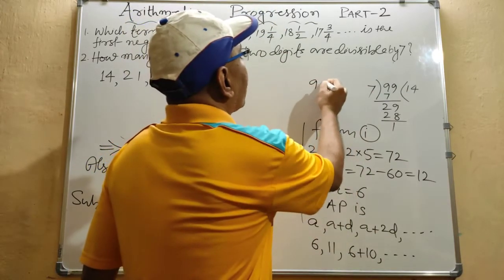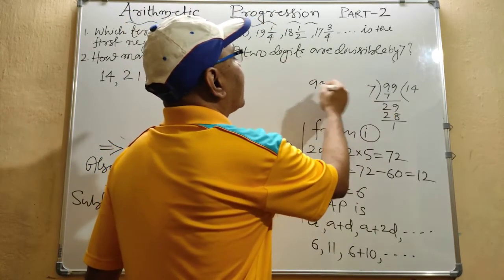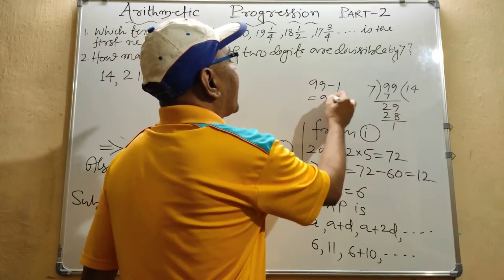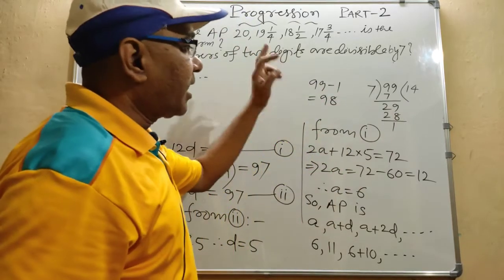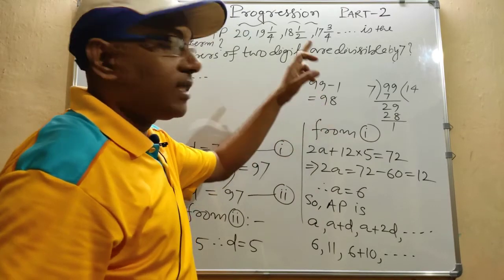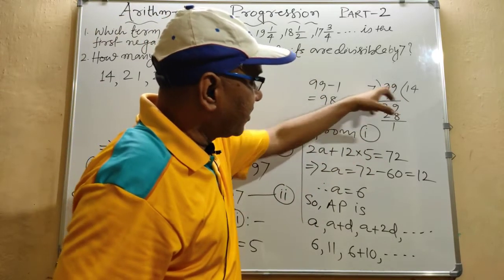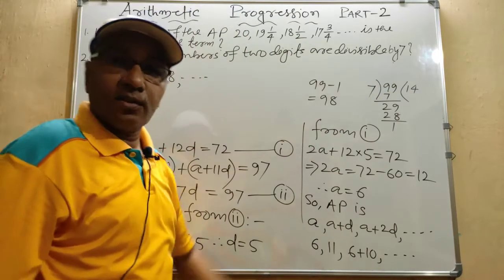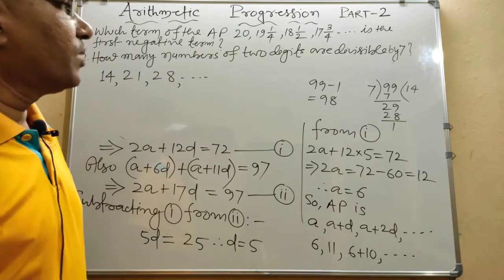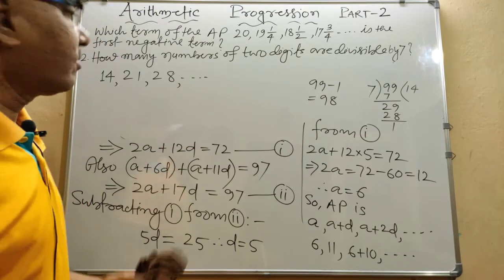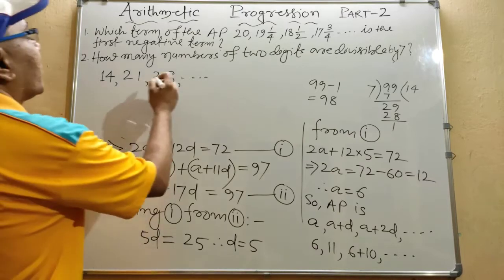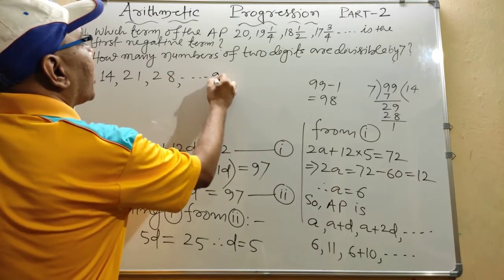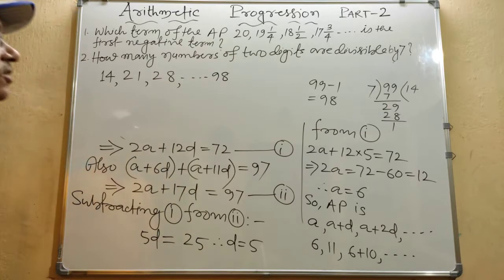So if you subtract 1, एक बच जा रहा है ना, एक इसमें से हटा दीजिए, then what will come? 98. 98 will be the last 2-digit number which is divisible by 7. एक रिमाइंडर बच रहा है, एक अगर कम कर देते तो 7 से डिविजिबल हो जाता है कि नहीं? 2 डिजिट का लास्ट तो वही है 99. So in this way we can find the last 2-digit number. So 14, 21, 28, in this way the last will be 98, the last 2-digit number divisible by 7.